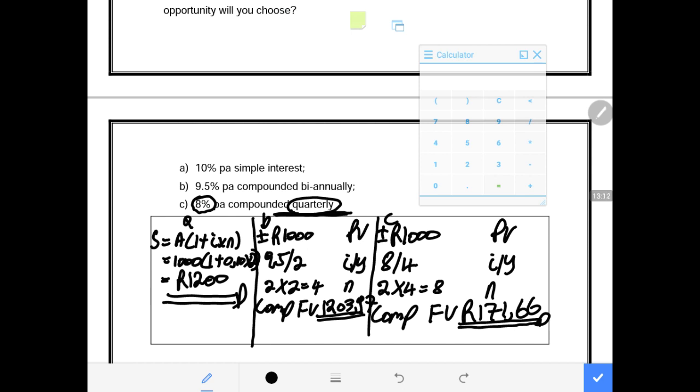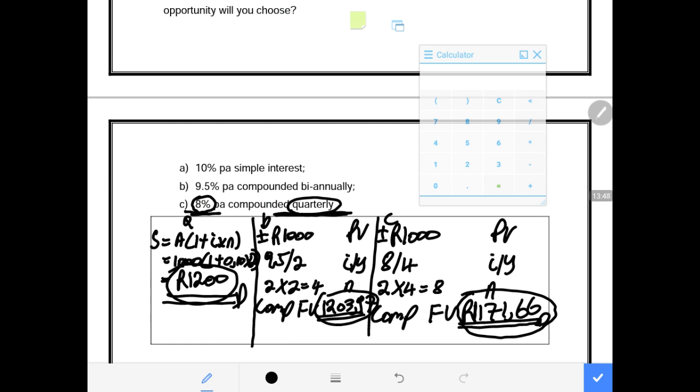So it is very important, in taking a decision, to choose the investment at 8% per annum compounded quarterly, because the future value of 1171.66 is greater than the future value of the other 2 investments, the one at simple interest and the one at 9.5% per annum compounded biannually.